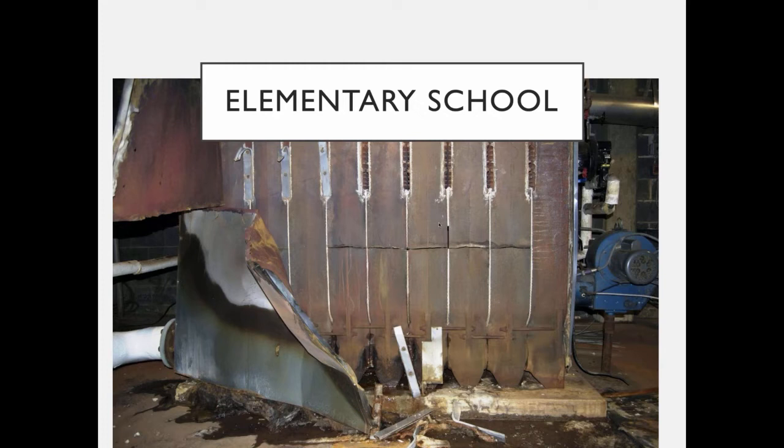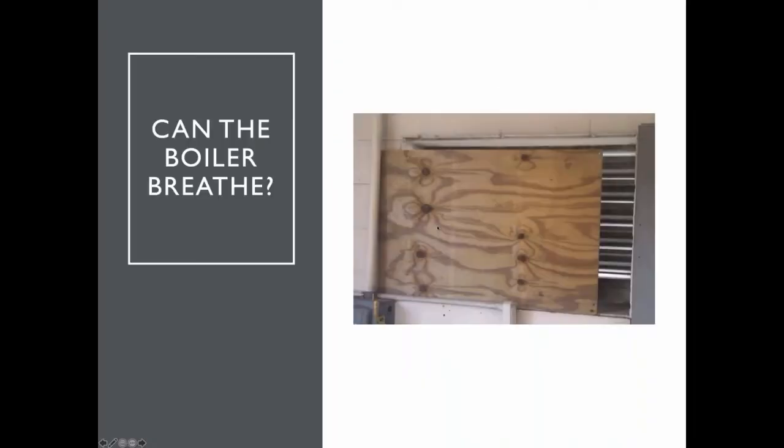Anytime you hit a hot boiler with cold water, you're going to shock it and destroy it. So if this building had simply had a door switch at the door, they could have hit the door switch, let the thing calm down, and then they could have just gone in and investigated and seen what the problem was.